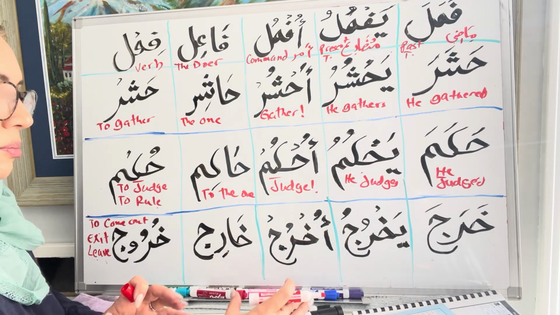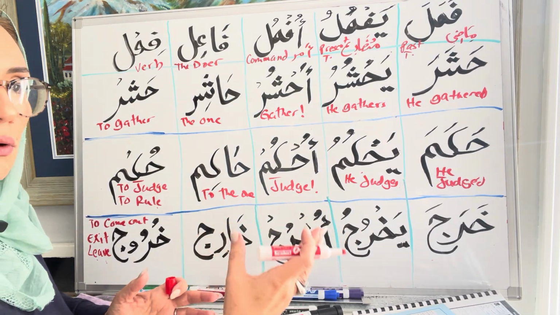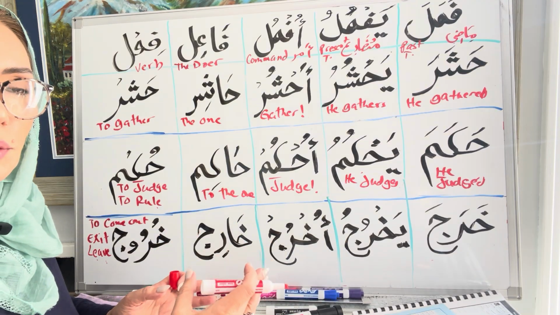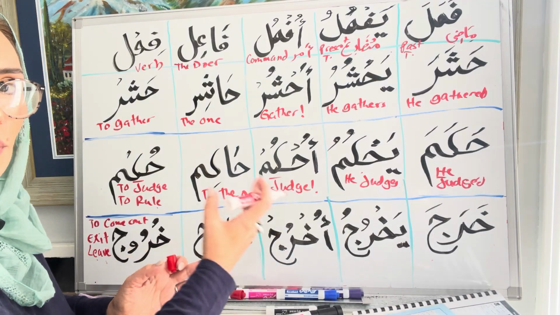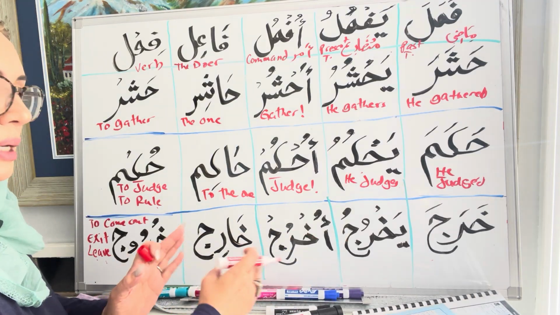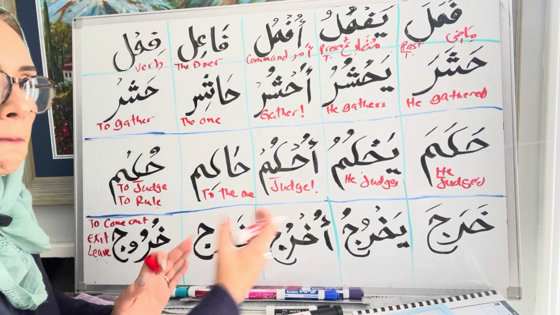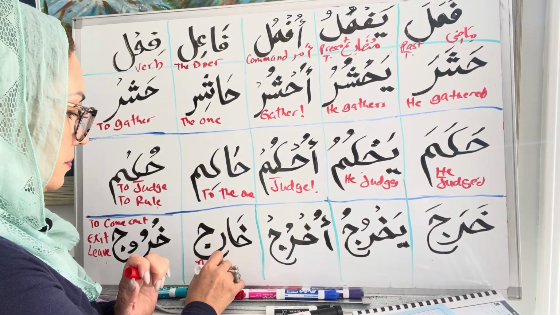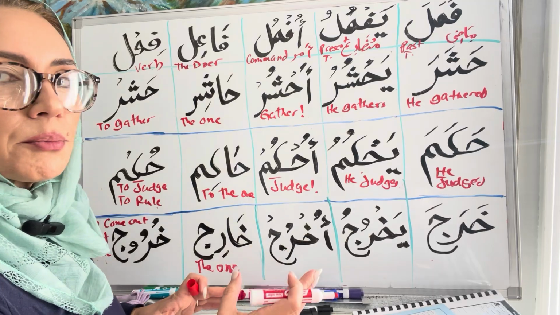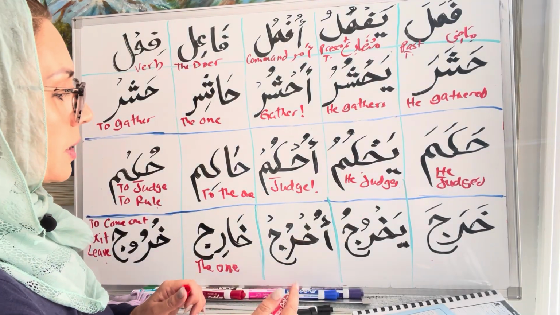So it's unfamiliar, something that is kharij, meaning that you're not familiar with. It's outside. So this is kharij, means also the one who's doing the act of leaving, but it also means something that is outside or unfamiliar, things like that.